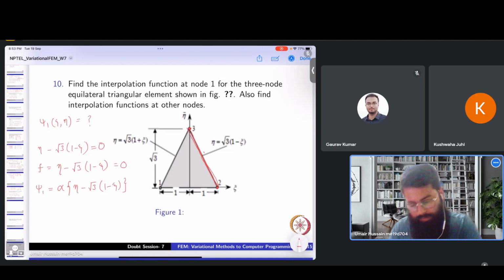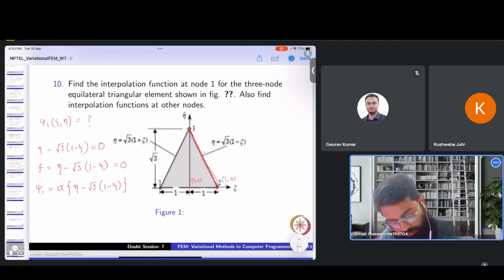In the given coordinate system of xi and eta, we can see that the origin is at this point. This point 2 is 1, 0. This is minus 1, 0, and this point 3 is 0, root 3.